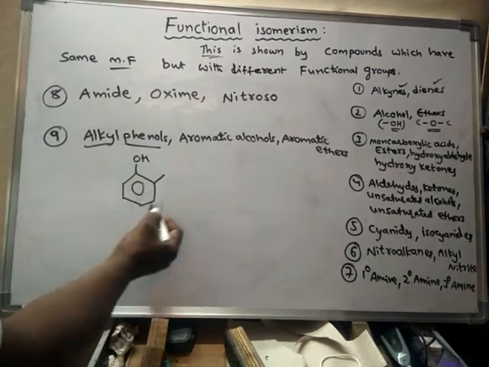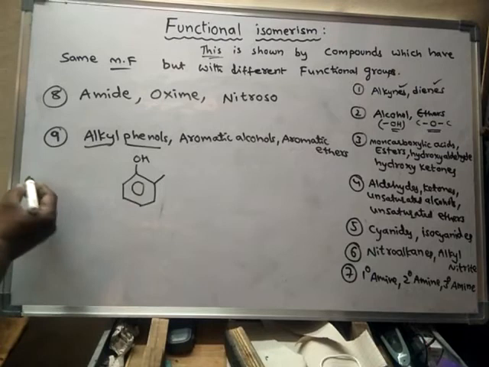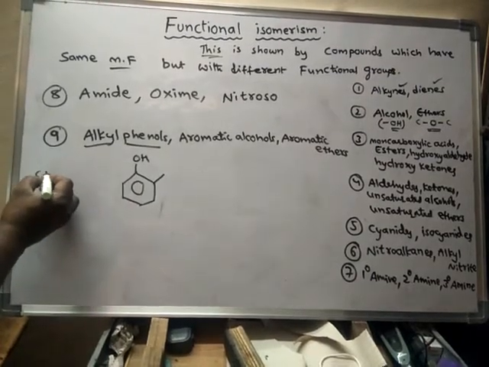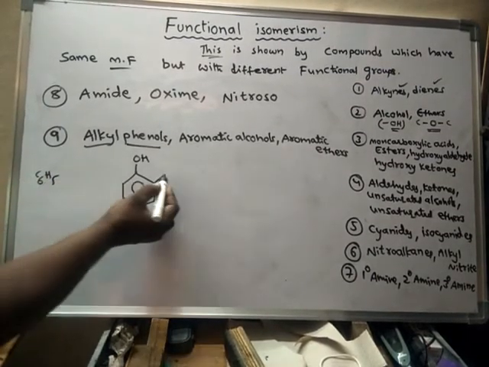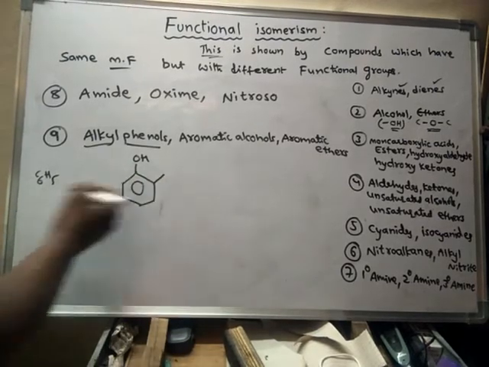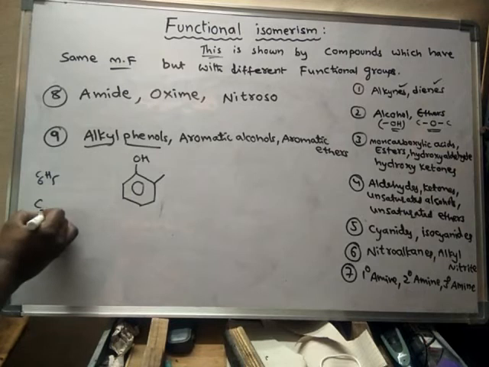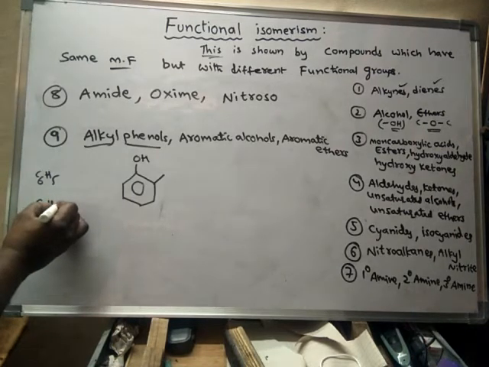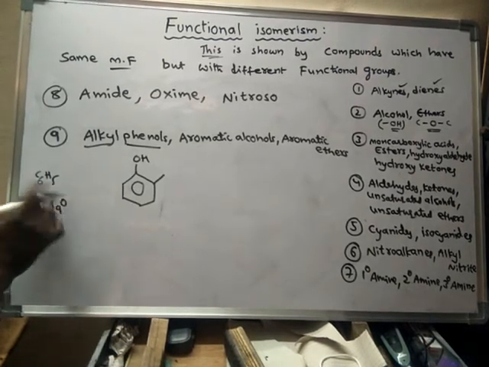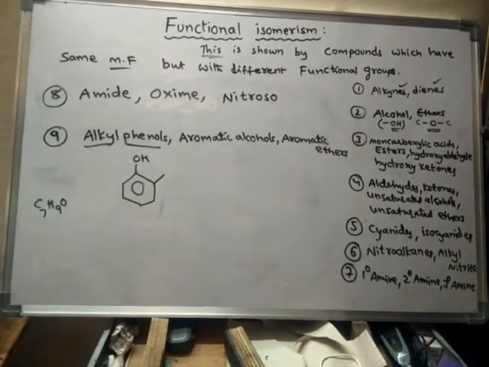What is the molecular formula of this one? C6H5OH and CH3. CH3 means C7H9O. Okay, with this molecular formula, I can write an aromatic alcohol.